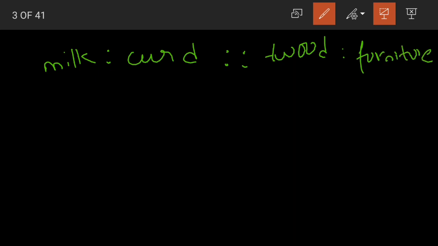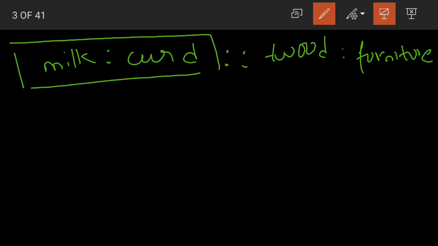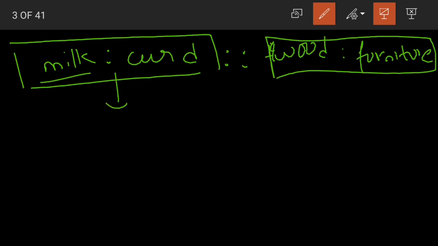This is an analogy that I have drawn between two pairs. The first pair is milk and curd. The second one is wood and furniture. Yes children, what does this read as? Milk is to curd as wood is to furniture.